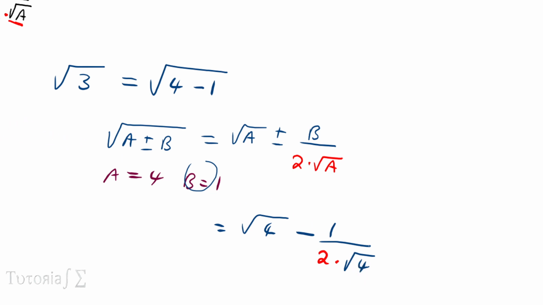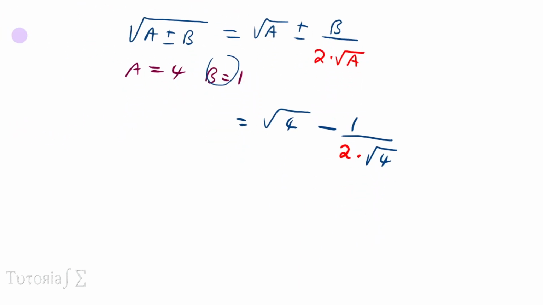Okay, so there we simplify. What is the root of 4? That is 2 minus, here we have 1 over 2 times, what is the root of 4? Let me put the 2 in red because it's part of the formula so that you don't confuse it. That is also 2.